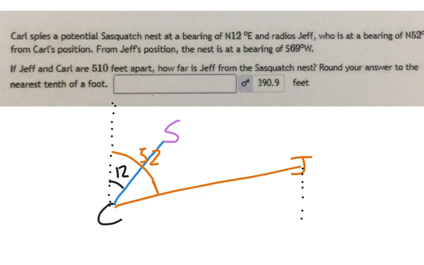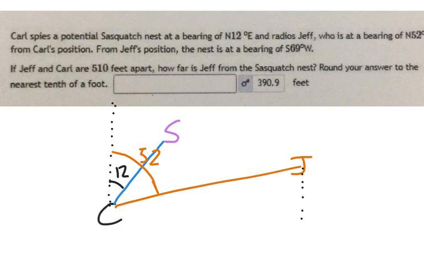If this angle right here in green is 52, then this is 52, by high school geometry, alternate interior angles. This vertical axis is parallel to this vertical axis. That forces this to be 69 minus 52, which is 17.